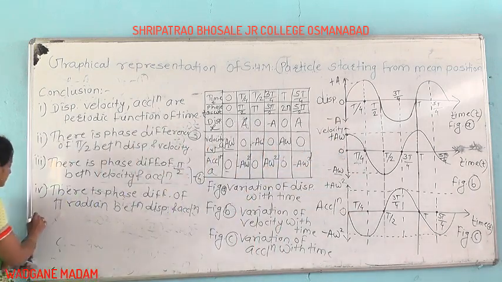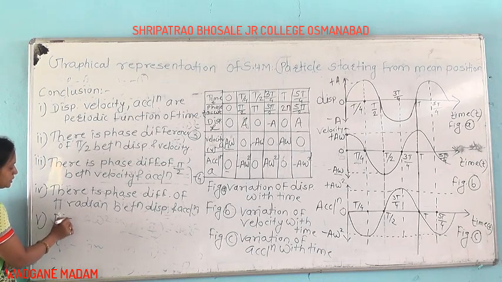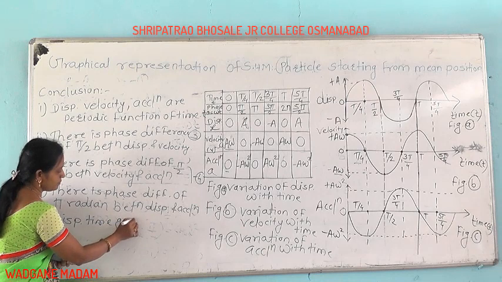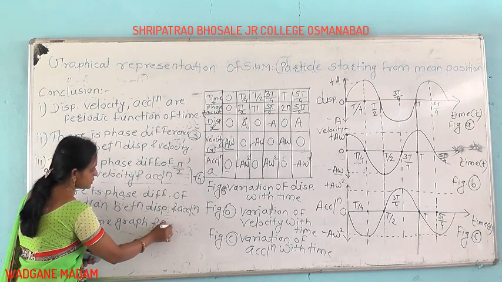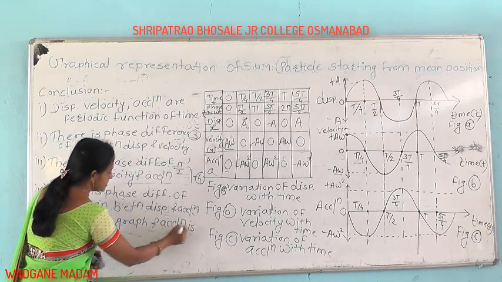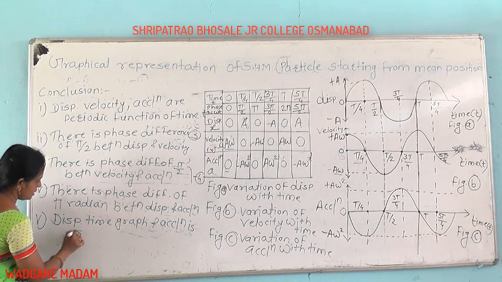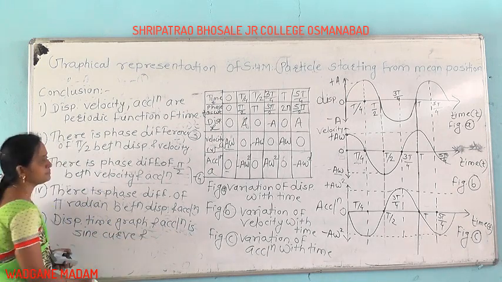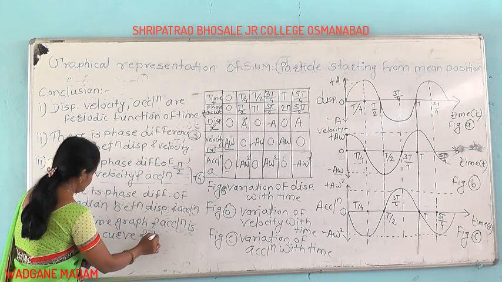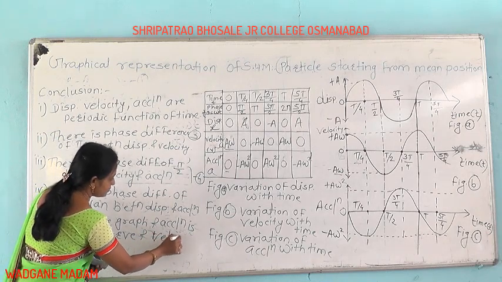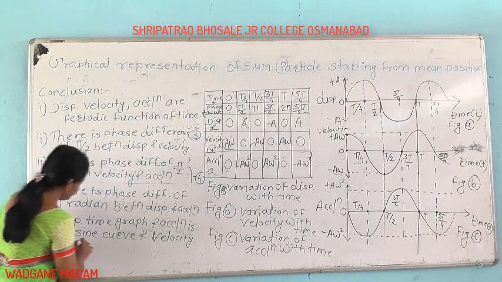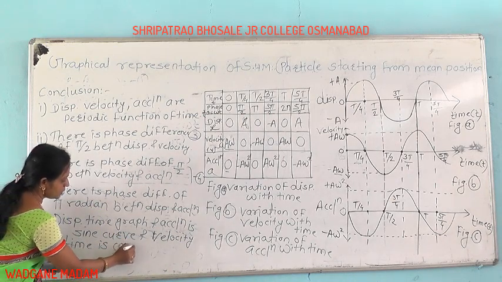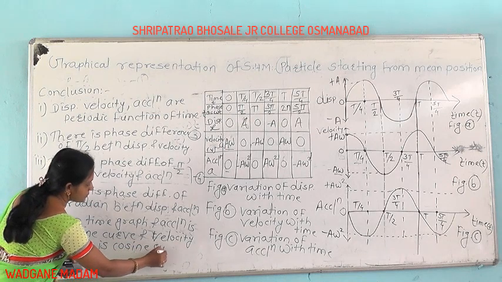Therefore we can write the next conclusion: the displacement time graph and acceleration time graph are sine curves, and the velocity time graph is a cosine curve.